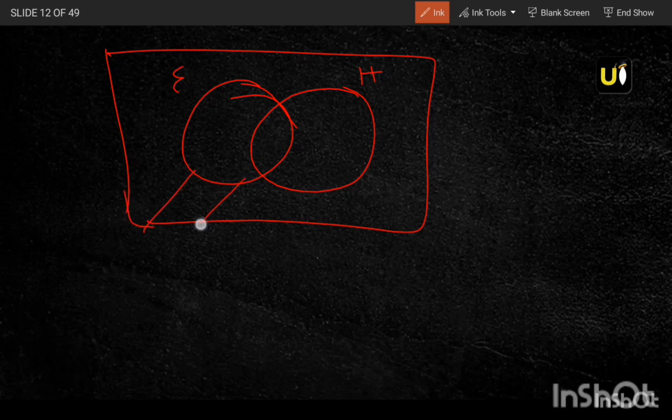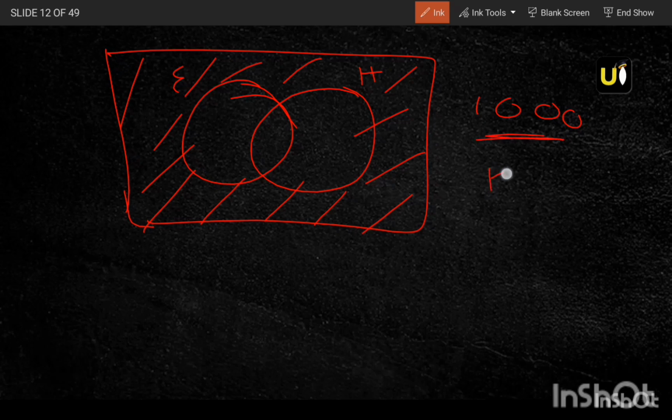So now we have to find the students who don't like both English and history from the 1000 students. So the total number of students is 1000. From that we have to subtract the number of students who like to learn English, the number who like to learn history, and the number who like to learn both. Then that will give you the students who like neither subject.